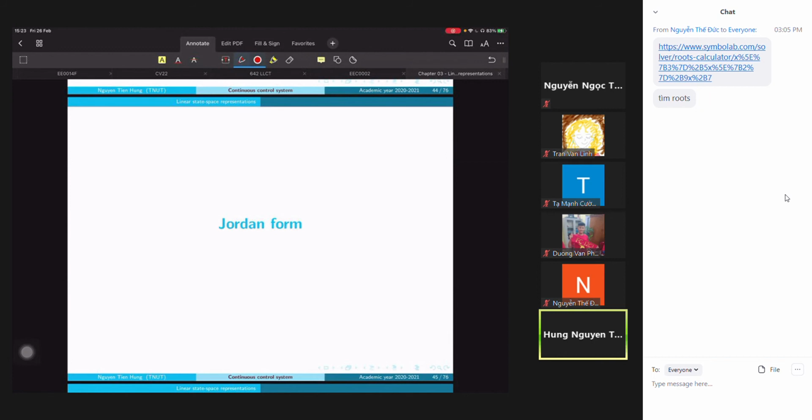In case we have some roots that are identical, then we cannot apply the diagonal form anymore, but we have to consider another form, and this is the last form, the Jordan canonical form.